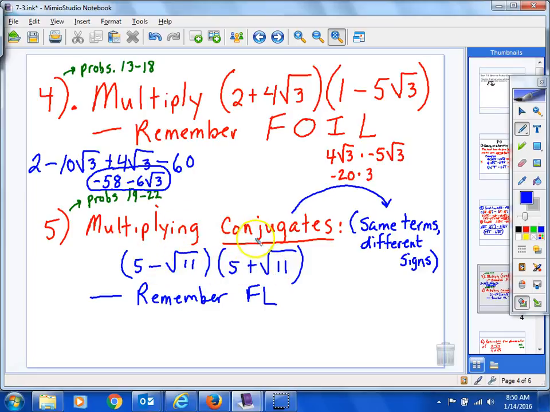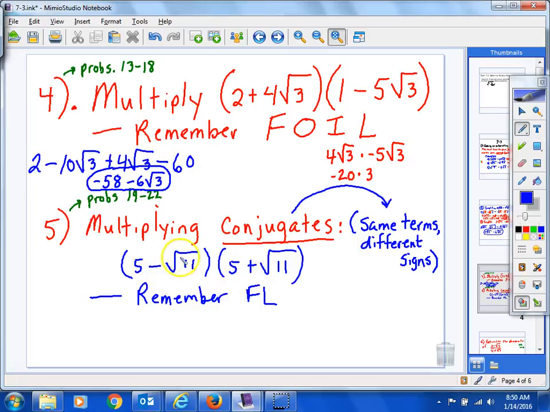So the way we multiply conjugates is a little faster because we don't have to go through all 4 parts of FOIL. If you did, it wouldn't be terrible, because you'll find that the results of the outer and the inner parts will always cancel each other when you're multiplying conjugates.